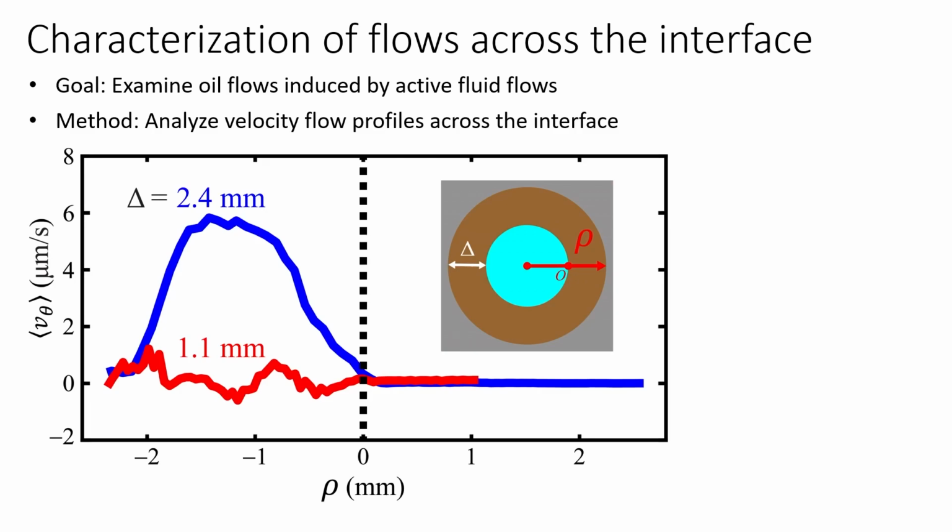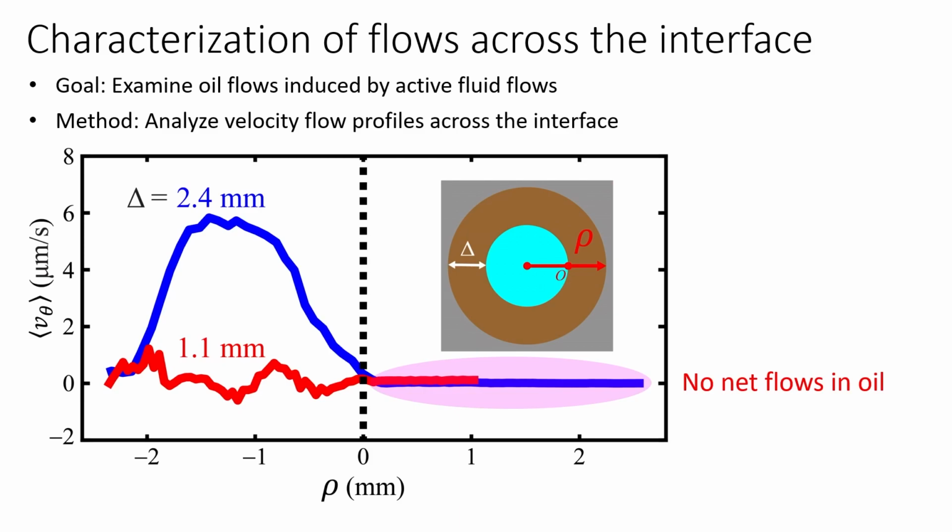This plot showed that for a thick oil layer case, there exists a net flow in active fluid, which is a consequence of a circulatory flow. Whereas for a thin oil layer case, the net flow is nearly 0, which indicated that the flows were non-circulatory and chaotic. However, no matter the droplet was in circulatory or chaotic state, in the oil, there were no net flows.